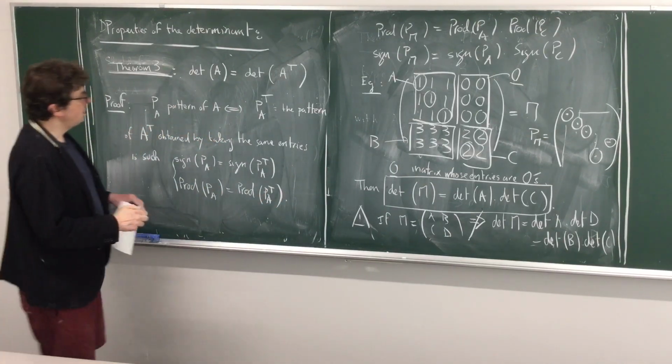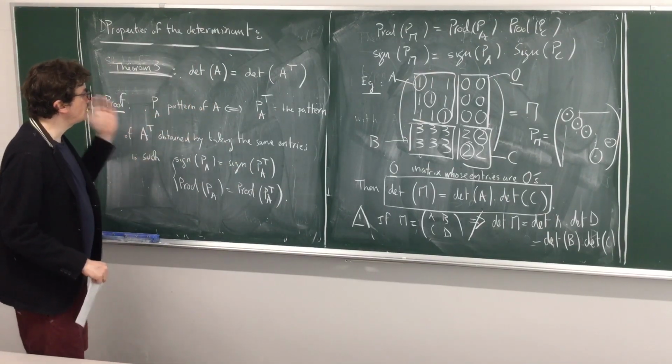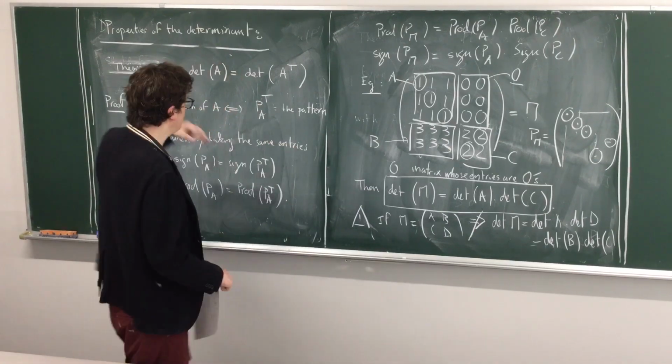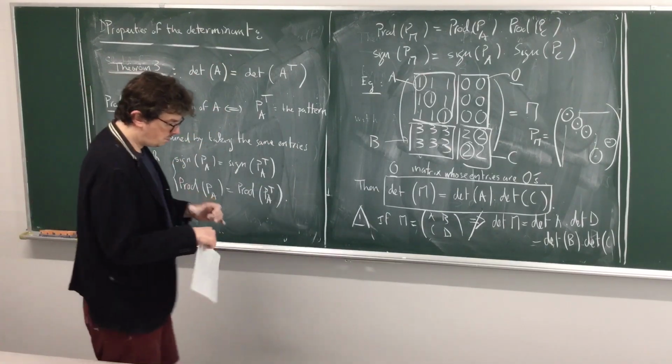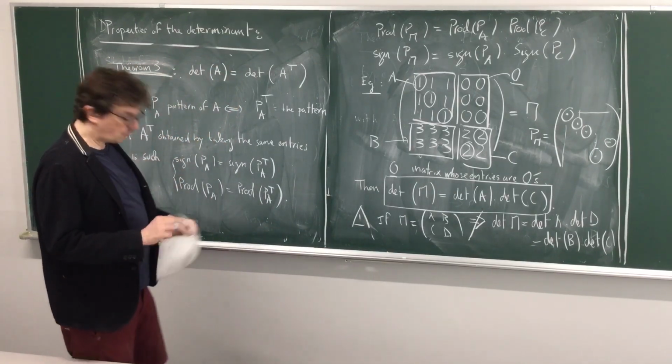So basically, this theorem results from the simple fact that if you take a pattern, you can associate to it another pattern of the transpose by taking the same entries. The position is different, but the sign will be the same and the product will be the same.